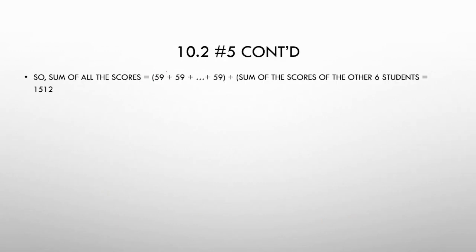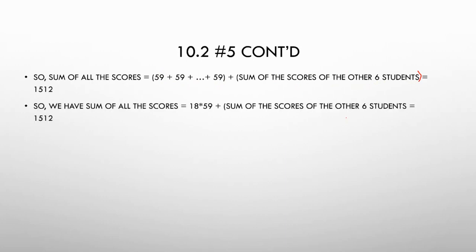So we just saw that we have 18 scores that are 59, plus the sum of the other 6 students, and that has to equal 1,512. If we add 59 to itself 18 times, the easy way to do that is to multiply 18 times 59, plus the sum of the scores of the other 6 students.